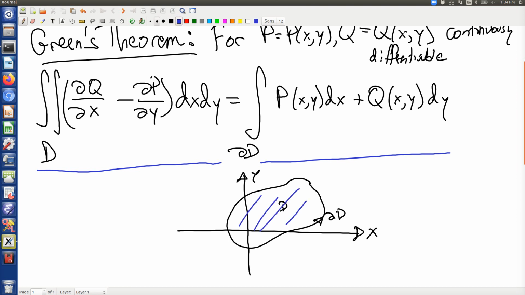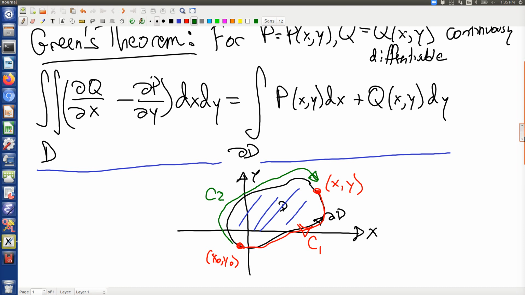Now, the version of Green's theorem we're going to use is the one in which this boundary of D is split up into two pieces, starting at a point x naught, y naught, and traversing this boundary to a point x, y, and I'll call this C1. And I could traverse this other part of the boundary in the opposite direction, and I'll call this C2.